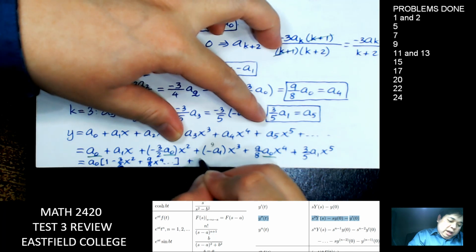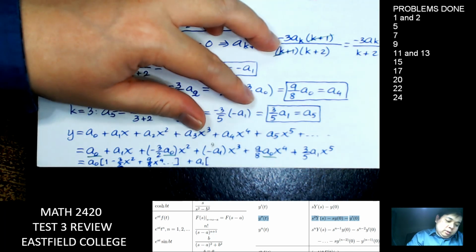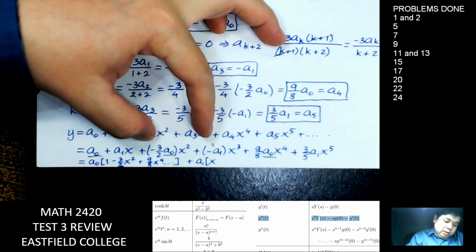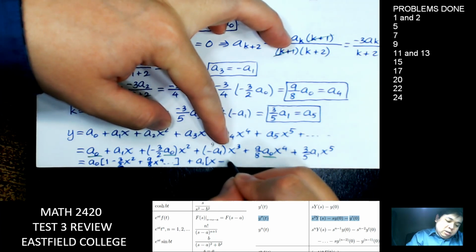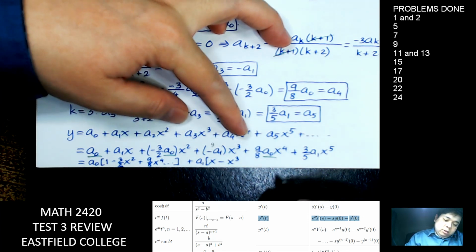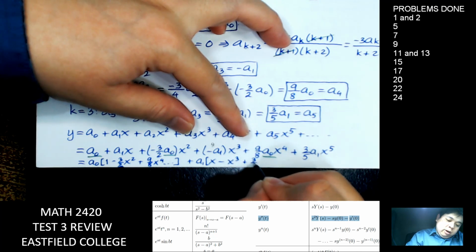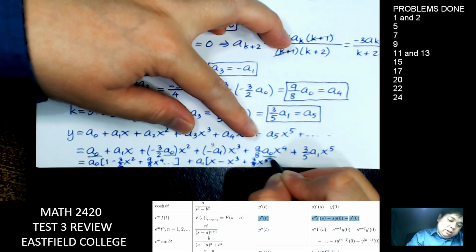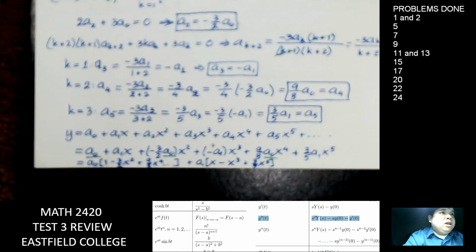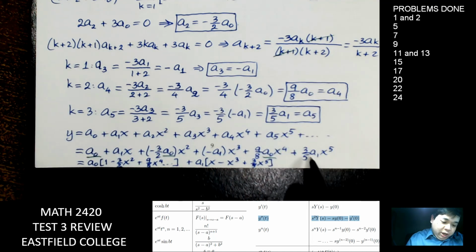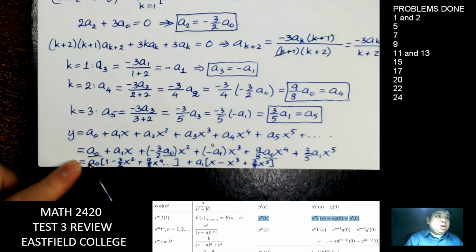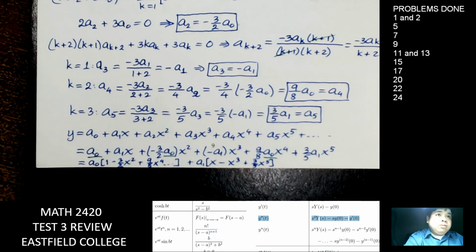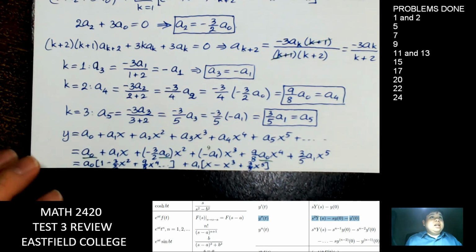And now I will have a1, we have x minus x cubed plus 3 over 5 x to the fifth. Sorry, can't run out of space, but we just factor out all the a naught and all the a1. So we have 3 terms for each constant, and that's exactly what the question wants us to do. So pretty much that is that.